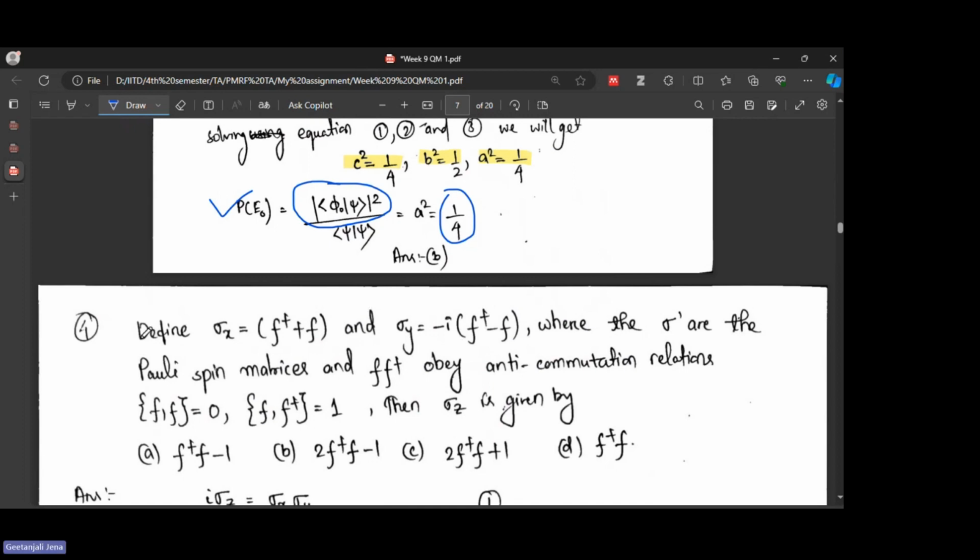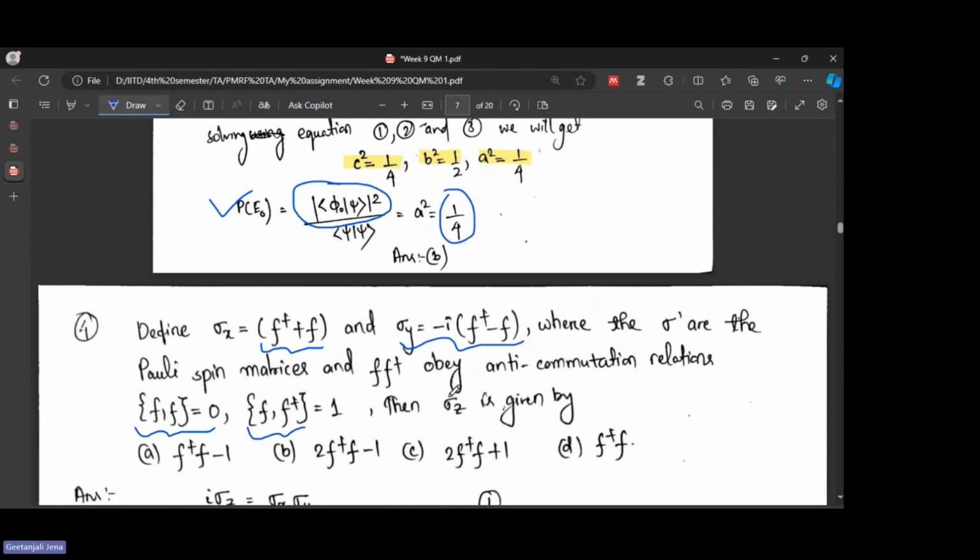The question is: define sigma x as a summation of two operators f and f dagger, and sigma y as minus i times (f dagger minus f), where sigma are the Pauli spin matrices and f and f dagger obey the anti-commutation relation, which is given by the anti-commutator of f with f is 0 and the anti-commutator of f with f dagger is 1.